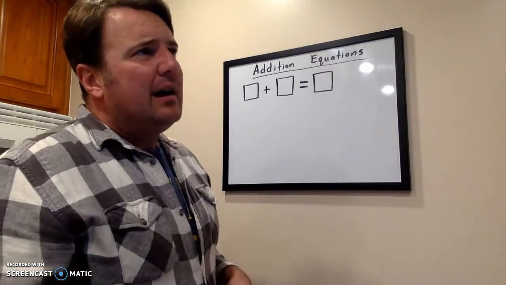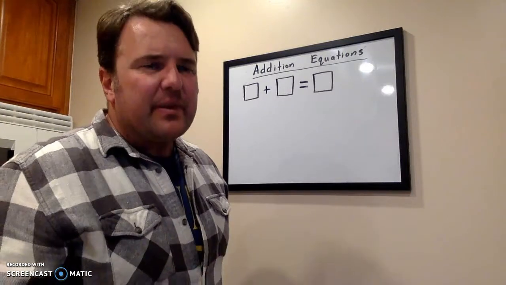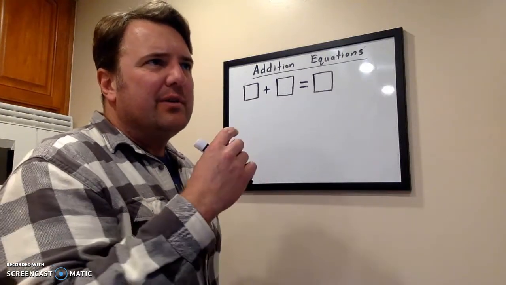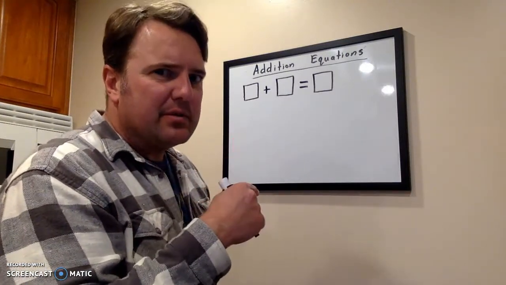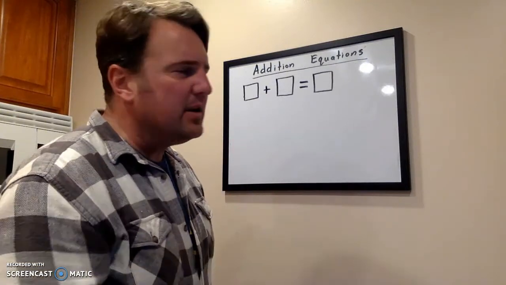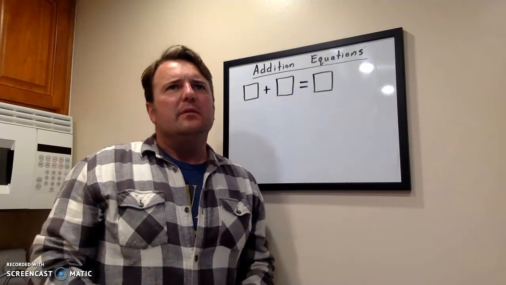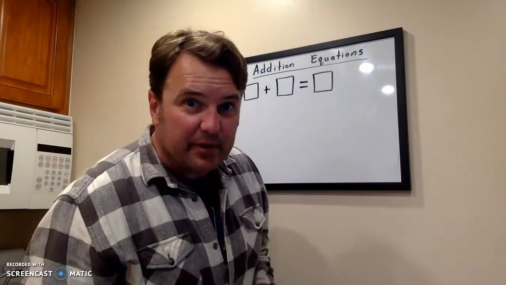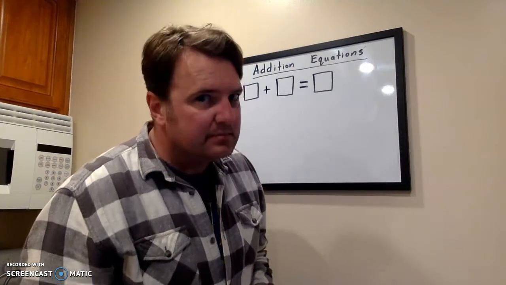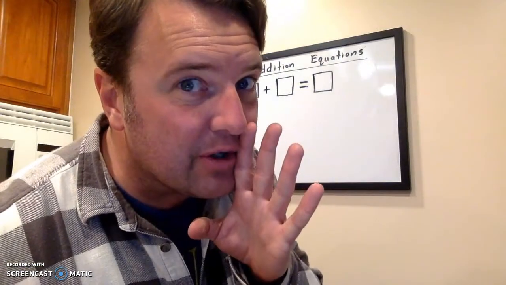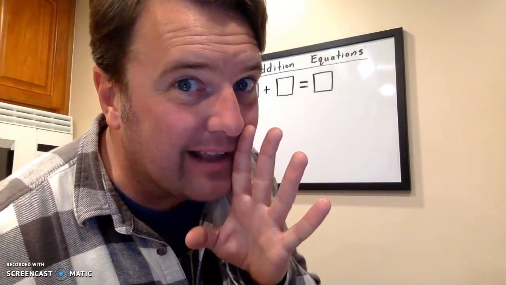Okay. I'm going to go ahead and tell you a math story, and I want you to come up with the numbers that would go in your addition equation. Here we go. There were 7. That's your first number. You should probably write it down like this.